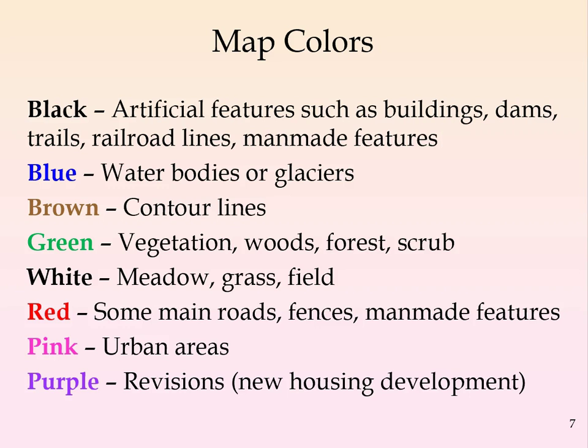And then purple, you will not see any purple on the most recent maps, those of 2016. However, the earlier or older maps, such as those from early 2000 or before, may have purple, and purple represents areas that have revisions, and the USGS has not yet gone out and verified what is actually there.